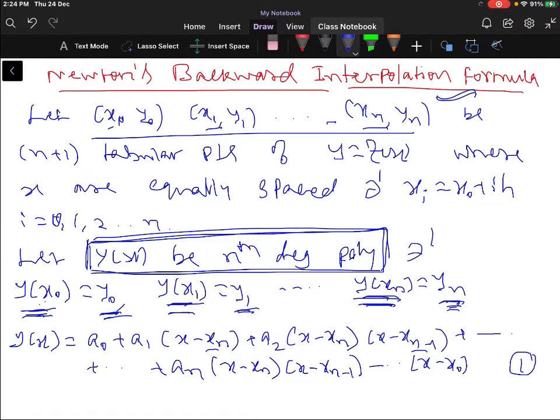So this is equation 1. Here I assumed the nth degree polynomial such that a0, a1, a2 and so on an are the unknowns to be determined by using the data points x0, y0, x1, y1 and so on xn, yn.